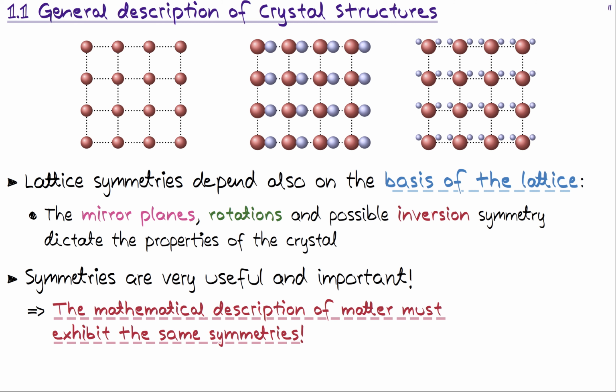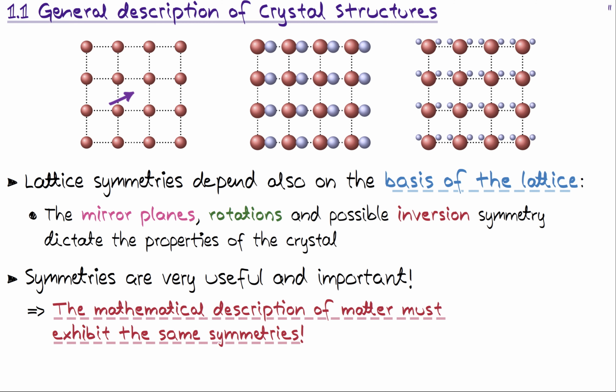Regarding this course, what we may grasp and what we should definitely understand is that the mathematical description that we have of our piece of matter must exhibit the same symmetries that we have physically in place. So for example, if you're dealing with lattices that have some kind of symmetries, and if you're dealing with functions that describe what happens inside such a lattice, that mathematical description must have the same kind of symmetry properties.